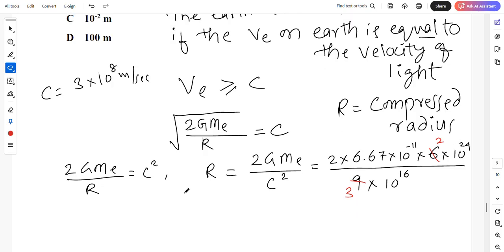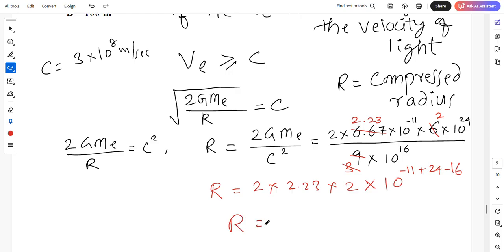I can write r is approximately 2 into 2.23 into again 2 into 10 to the power of minus 11 plus 24 minus 16. 2 2s of 4, 4 into 2.23 approximately, that is 9. So 9 into 10 to the power of minus 11 plus 24 minus 16, that is equal to 10 to the power of minus 3.